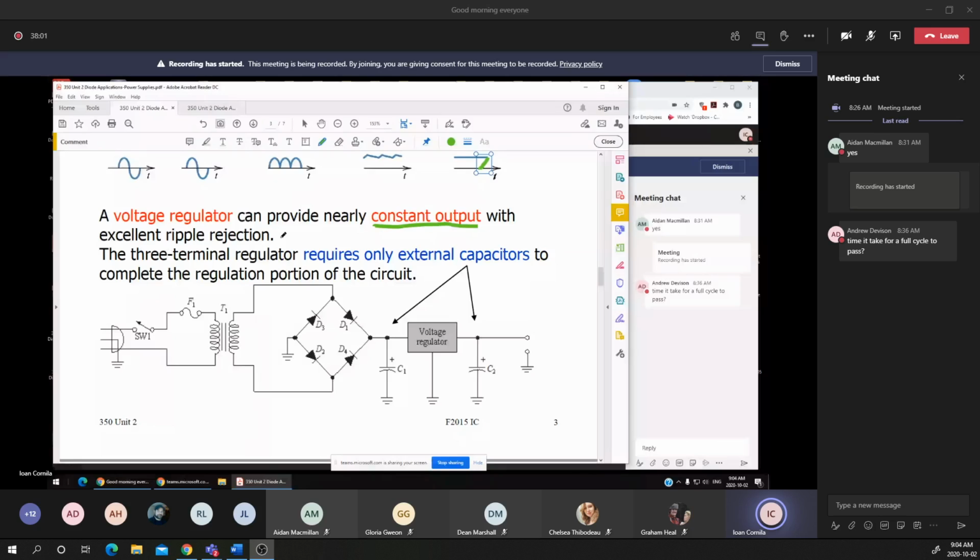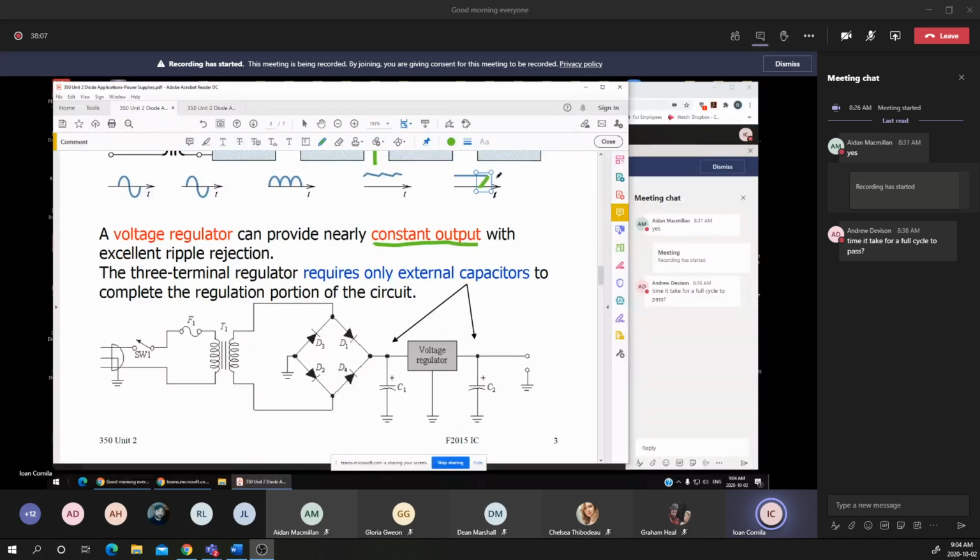Usually it's the ripple rejection, or it will smooth out the output, making it almost like an ideal voltage source, and that's why I'm trying to clean up that diagram. Now, what does a voltage regulator do?